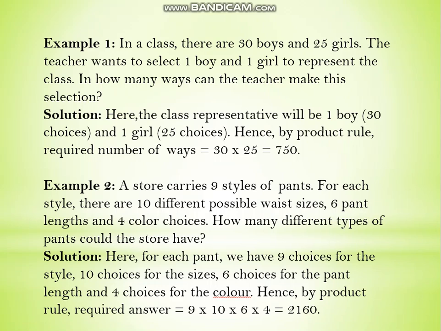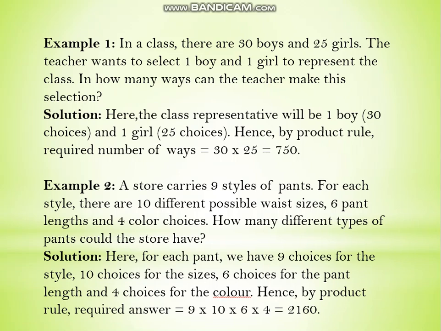In example number 2, a store contains 9 styles of pants. For each style, there are 10 different possible waist sizes, 6 pant lengths, and 4 color choices. How many different types of pants could the store have? For each pant we have 9 choices for the style, in each style 10 choices for the size, in each size 6 choices for the length, and for each length 4 choices for the color.